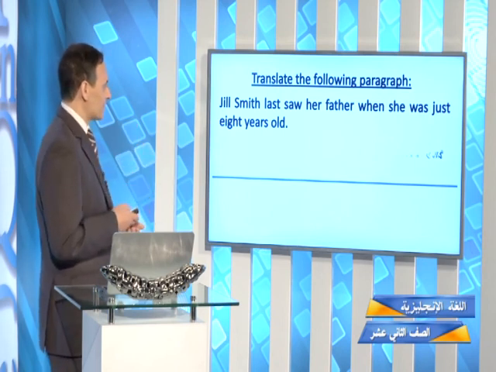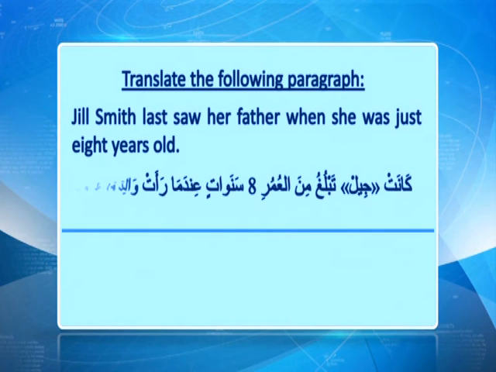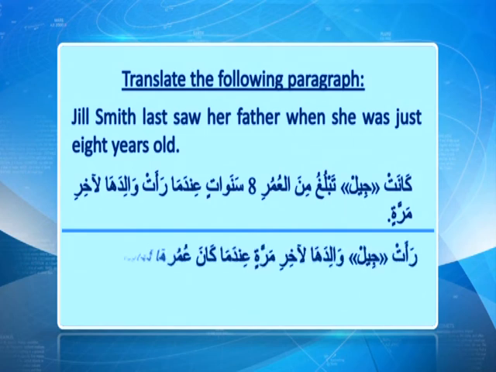Okay? And the best, or one way of translating this sentence is كانت جيل تبلغ من العمر 8 سنوات عندما رأت والدها لآخر مرة. Is this the perfect translation? Well, it could be, but there are other possible ways to translate this sentence. For example, we can say رأت جيل والدها لآخر مرة عندما كان عمرها 8 أعوام فقط.